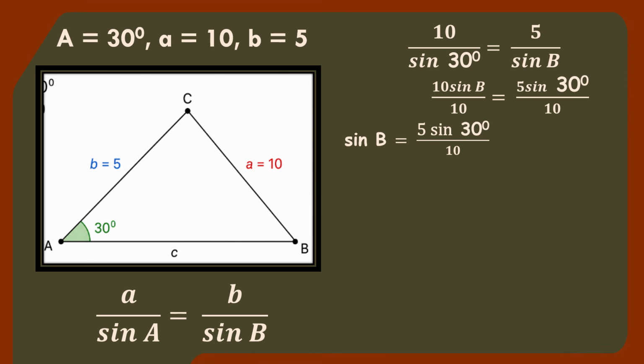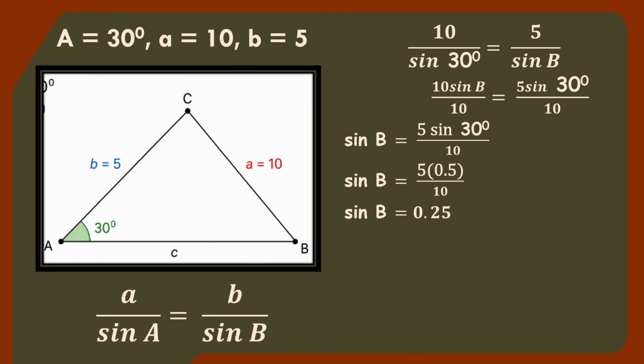Let us find the value of sine 30 degrees. Sine 30 degrees is 0.5. So sine B is equal to 5 times 0.5 over 10. Let us multiply 5 times 0.5, that is 2.5, divided by 10, so that is 0.25.